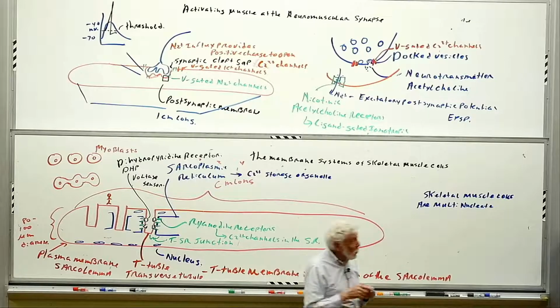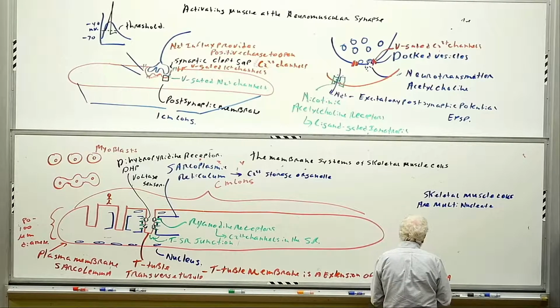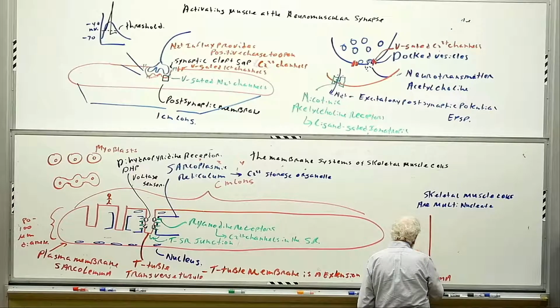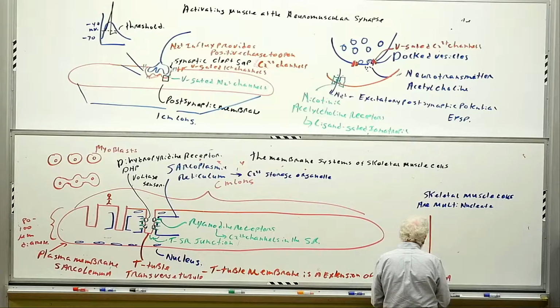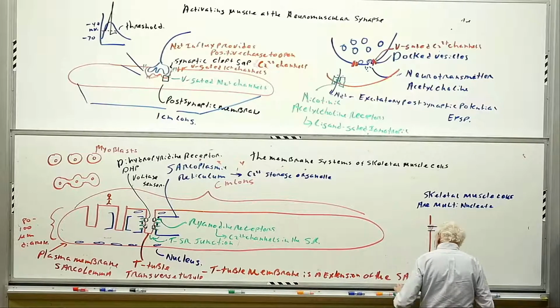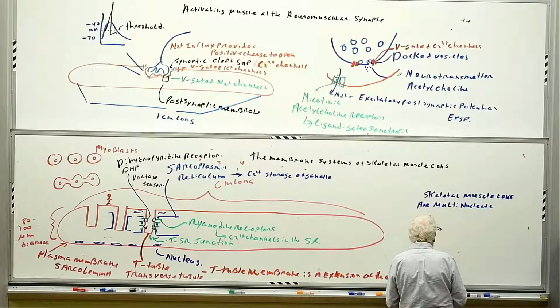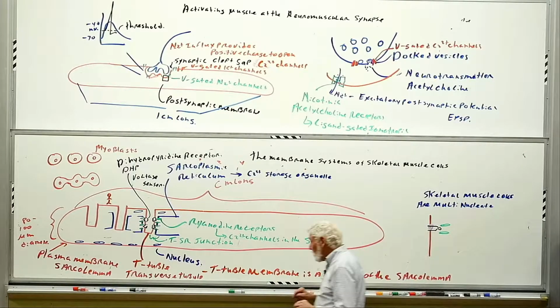And if we blow that up and look at this, what we see is that in the T tubule, there's this transmembrane protein which has a kind of foot on it that actually sticks down into the ryanodine receptor channel.